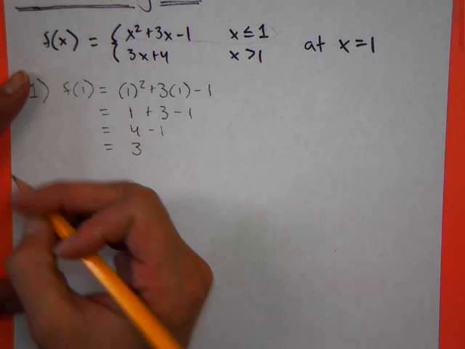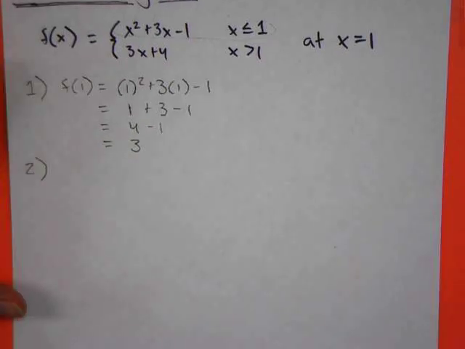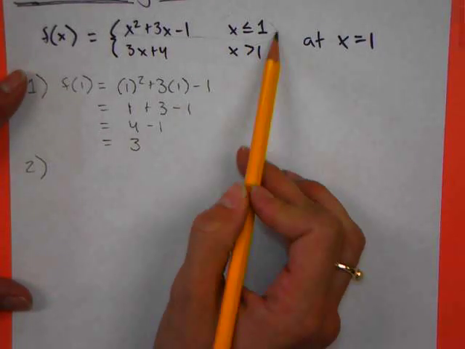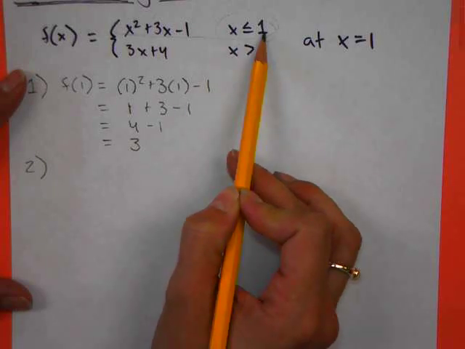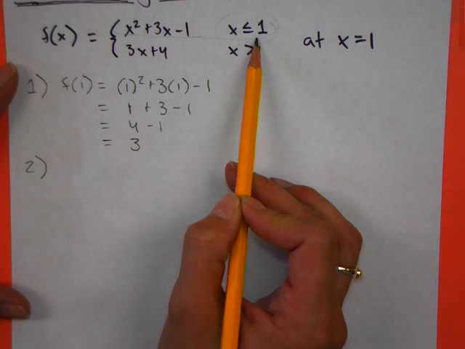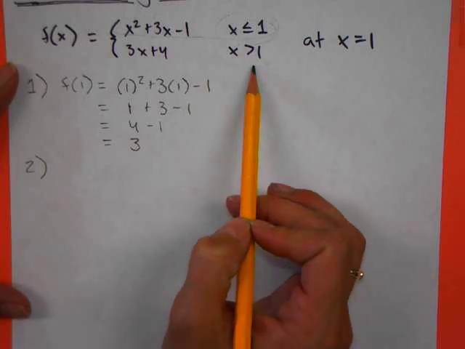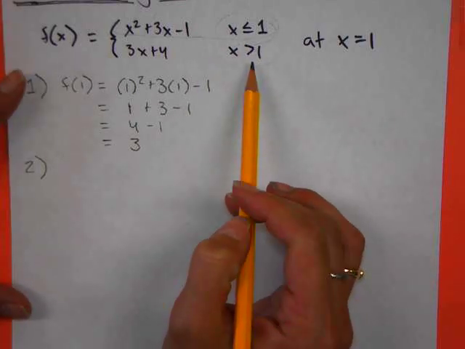Okay. Second, let's see if from the left and from the right we are approaching the same value. Now, the nice thing about a piecewise function is that this less than or equal to 1 means to the left of 1, and this x greater than 1 means bigger than 1 would be to the right of 1.